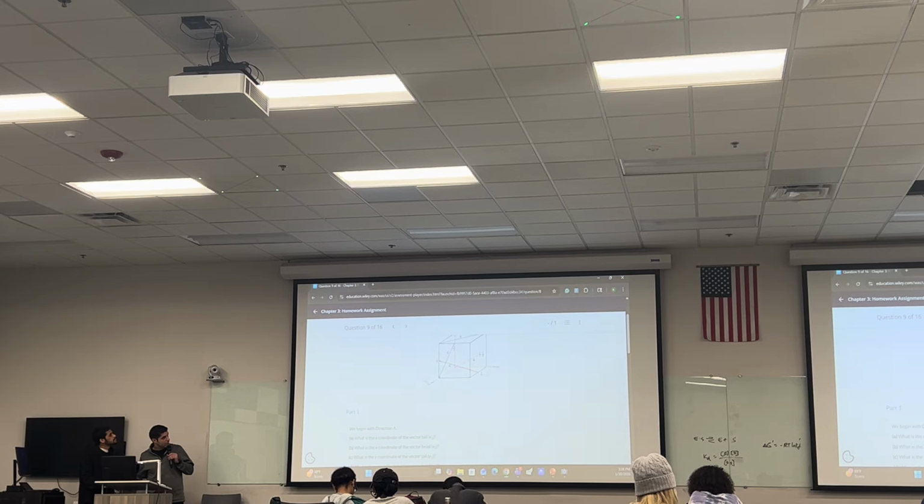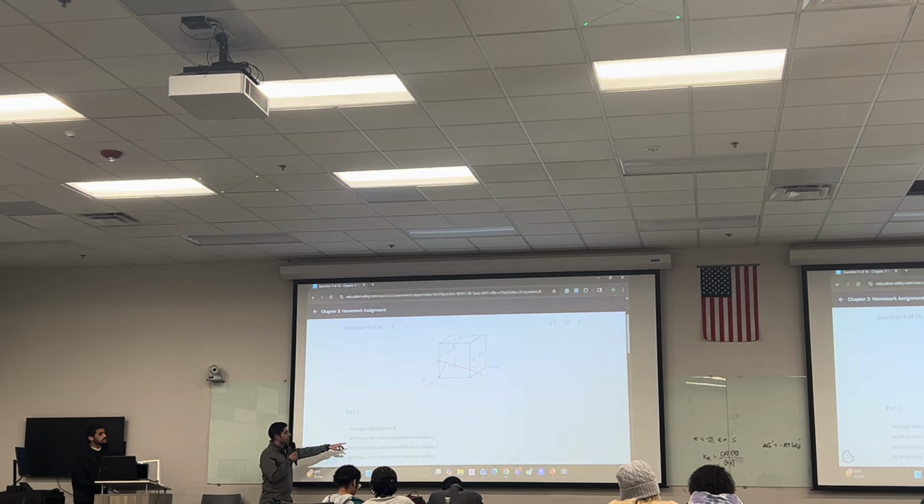Let's see. For example, part A is asking for the x coordinate of the vector tail, x1. Well, it is about direction A.